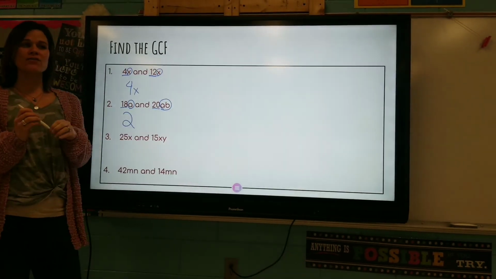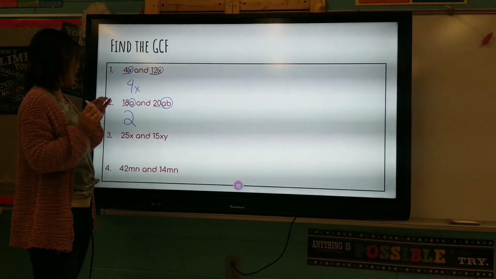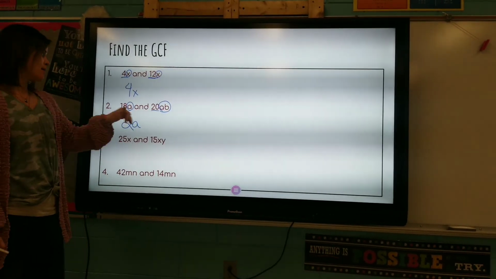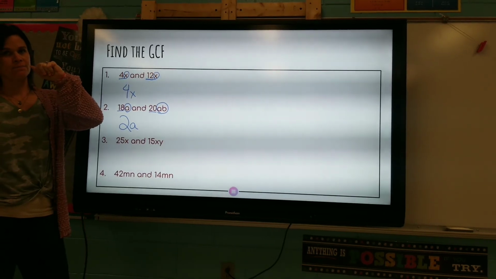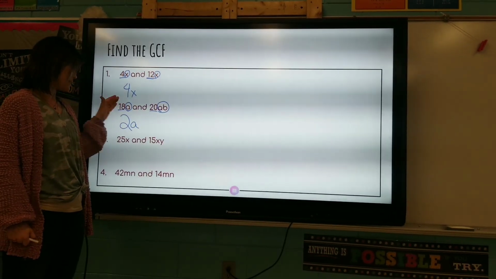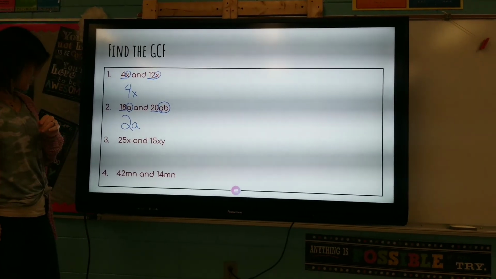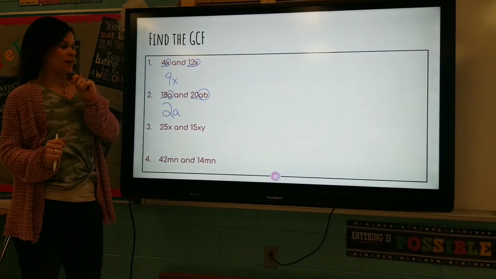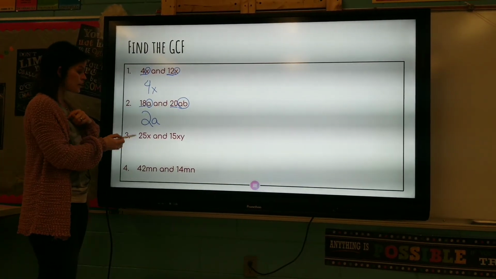And the only letter that they both have in common would be that A. So my greatest common factor would be 2A. Why can I not include that B? Correct. B can't be part of that because 18A does not have a B attached to it. All right, if it was me, I would pause it really quick, try the next 2 before I tell the answers. All right, number 3.